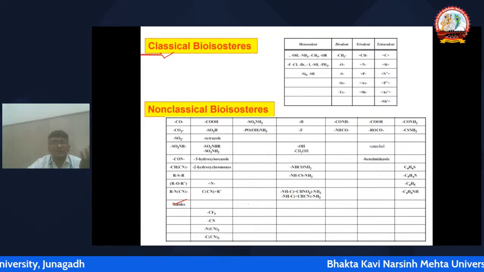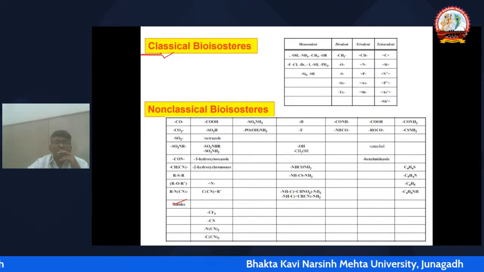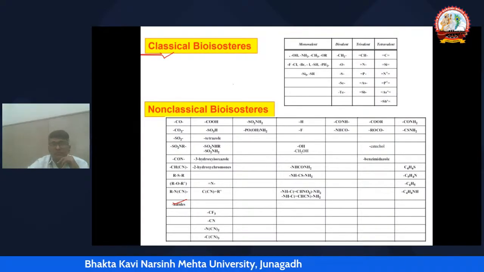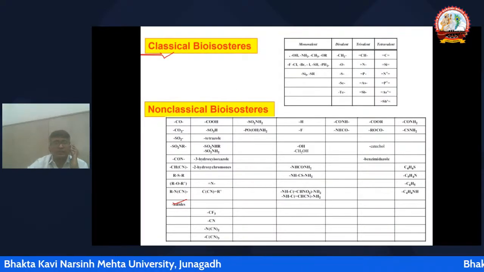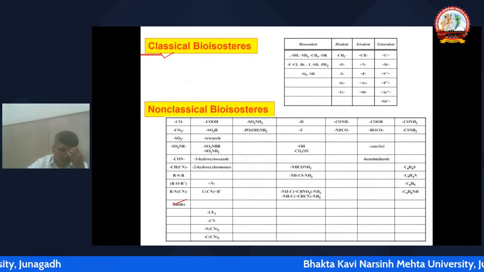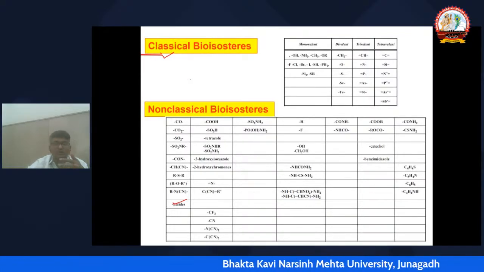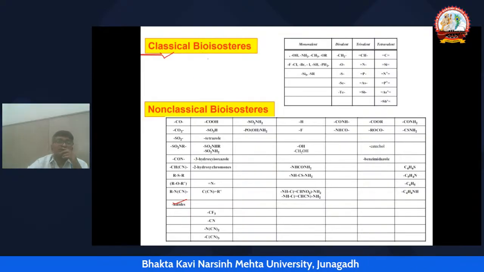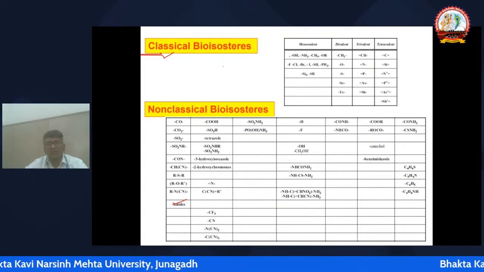That can be replaced. So these are called non-classical bioisosteres. If we have a molecule and have to prepare another molecule with similar biological activity, then we can use this classical and non-classical bioisostere approach.